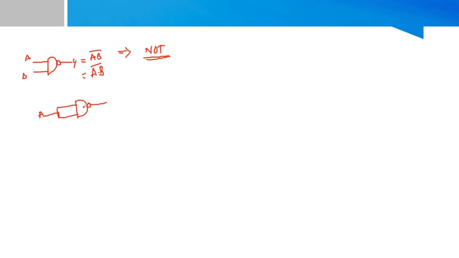Don't get confused that you have only one input. Here you have the two input lines. I have shorted both and provided one input, nothing but here also I am providing A and here also I am providing A. Here also it is A and here also it is A. Okay, this is what you will get at the output here: A bar. Now it is working as a NOT gate.